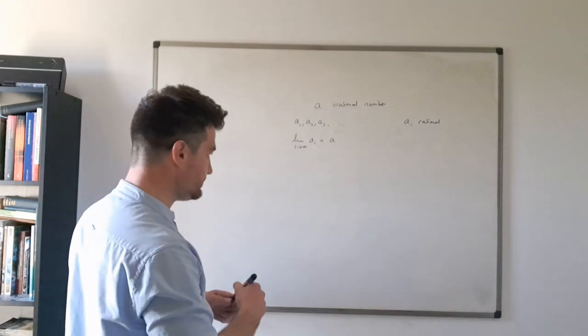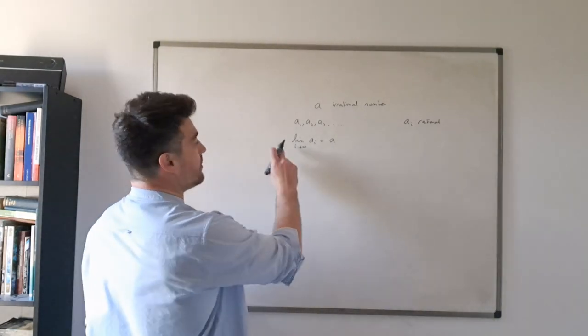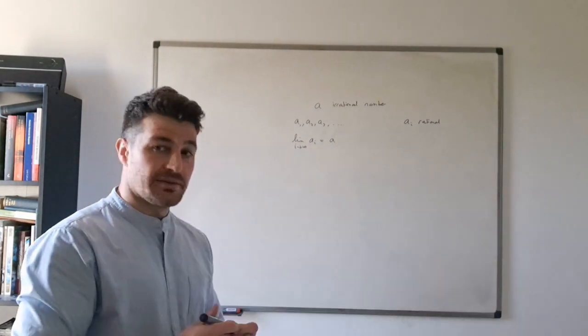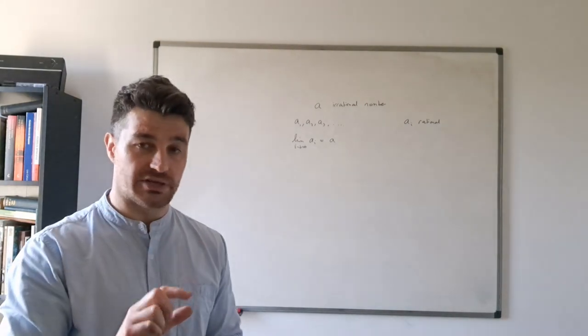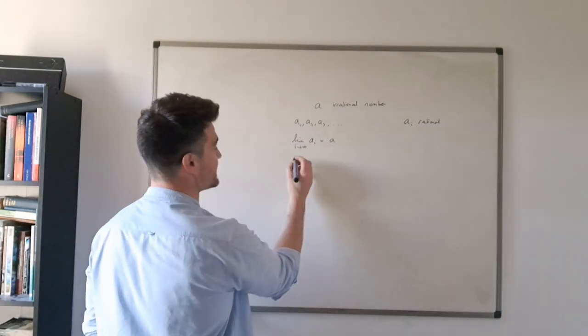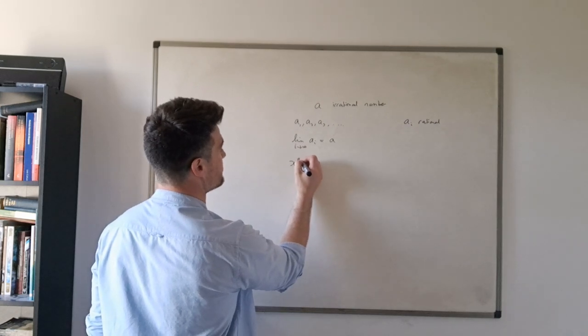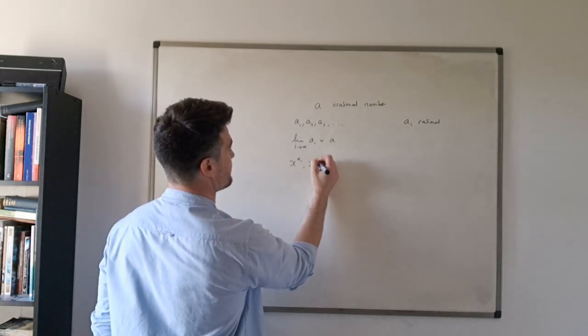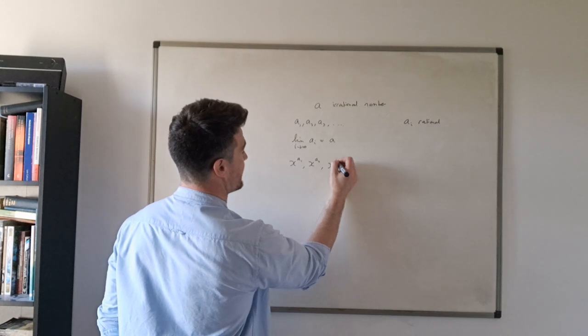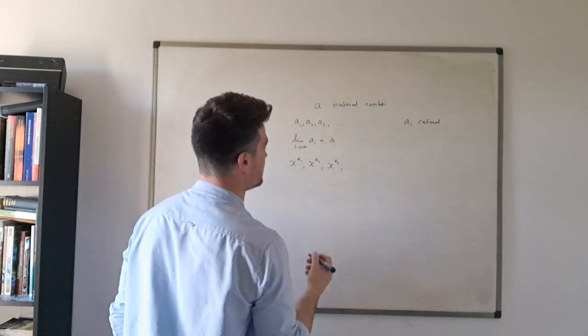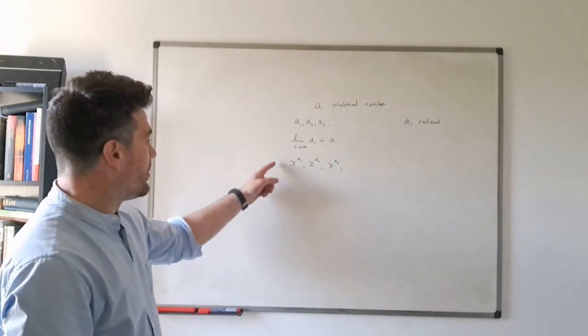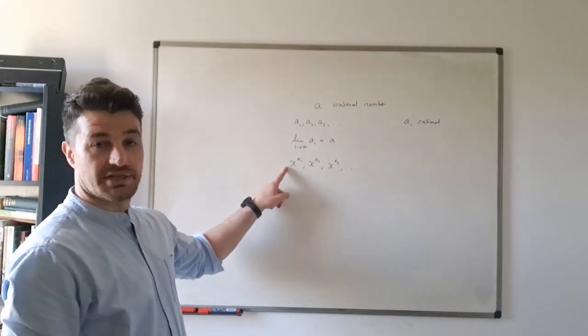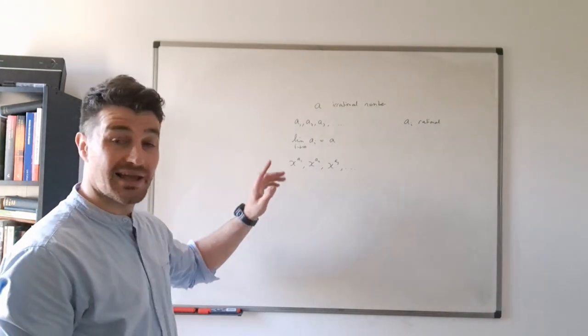Okay, so because I understand rational powers of real numbers, then I can also consider the sequence x to the power of a1, x to the power of a2, x to the power of a3, and so on. And I can think, what would I like this to converge to?